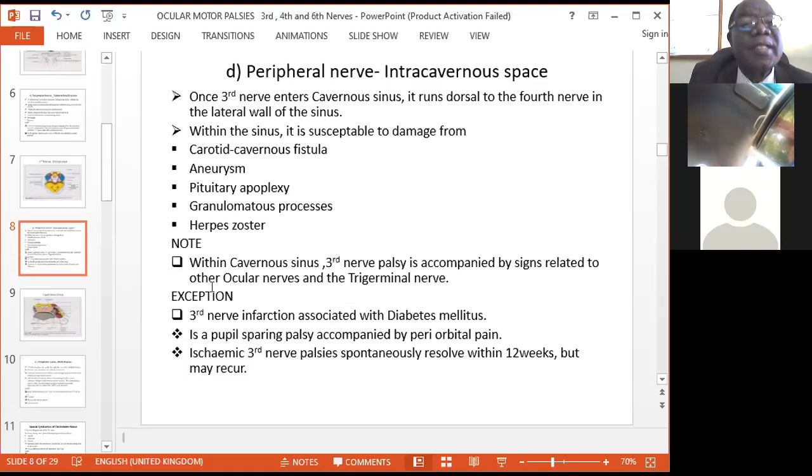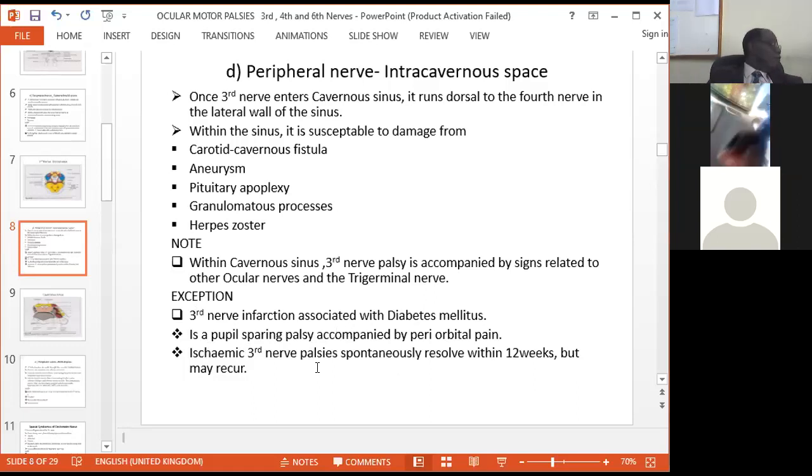Okay. Exception, third nerve infarction associated with diabetes mellitus. That's the only exception. Is a pupil sparing palsy accompanied by periorbital pain. What is the meaning of this statement? It means in diabetes you can have this pain, suggesting there is a third nerve involvement.